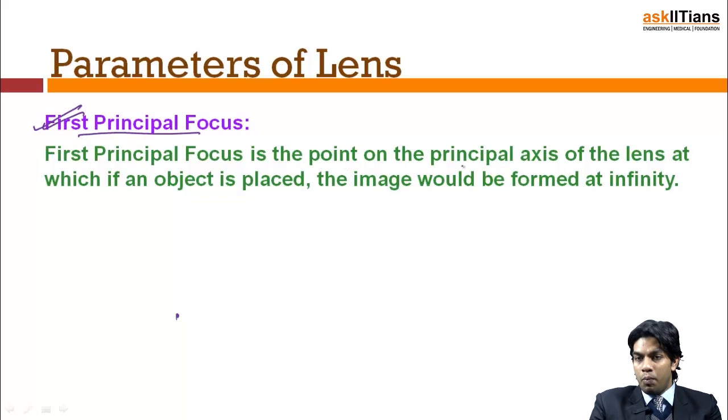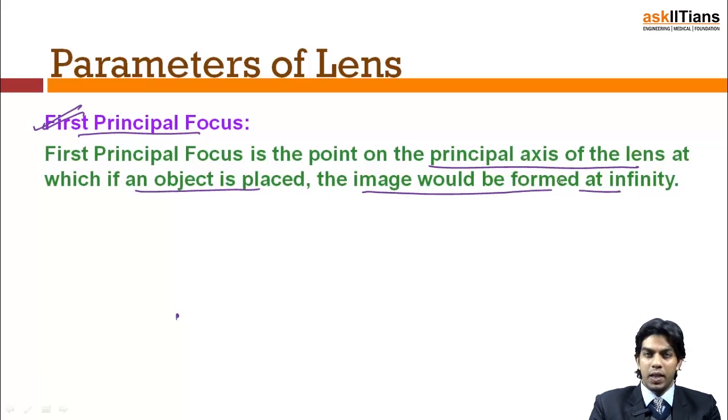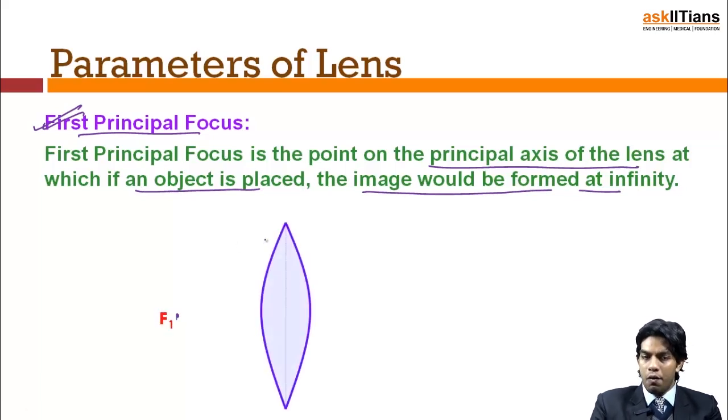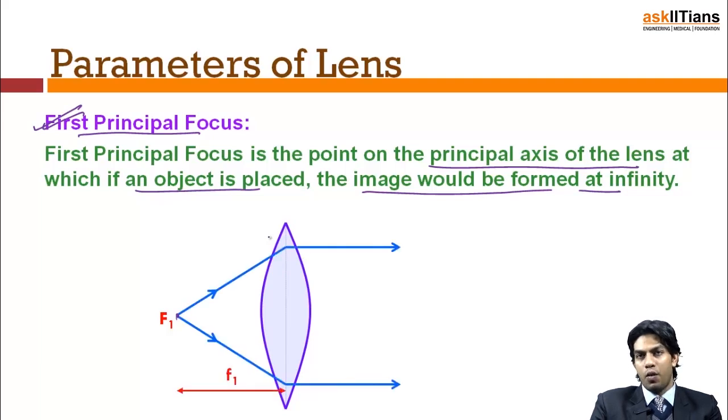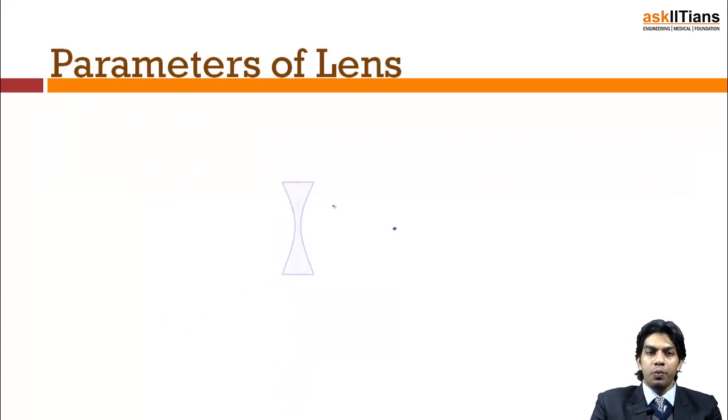That is, place the object on the principal axis, right, and the image will be formed at infinity. That point is called the principal focus. It looks like this. F1 is that point, let's say the principal focus, the image is formed at infinity. This is for convex lens, so keep that in mind. For concave lens, it will be kind of virtual in nature. So we'll do that as well.